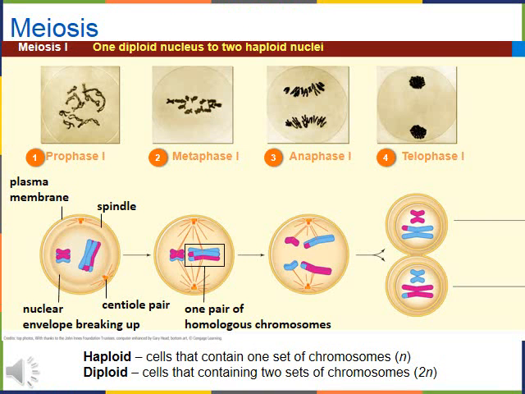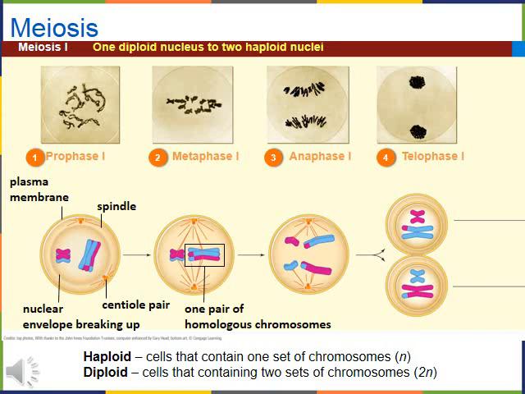The next couple of slides are going to show you in detail what happens in each phase of meiosis. Just like we did in mitosis, this is almost identical. So remember, we have interphase, G1, S, and G2. The checkpoints have passed us through.